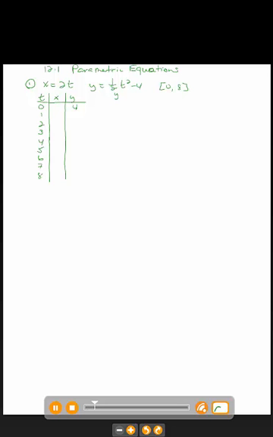And now we're going to plug the numbers in. When you stick 0 into the x, I'm going to do all the x's first. I get 0, 2, 4, 6, 8, 10, 12, 14, and 16.